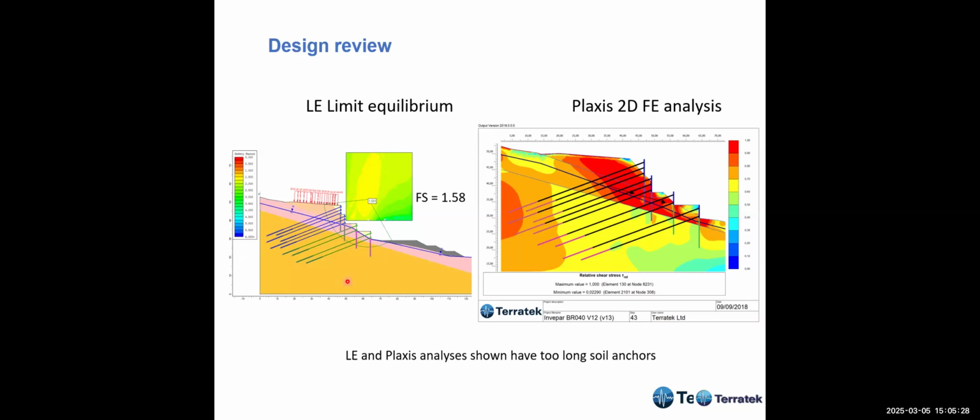So we were able to advise the clients not to go through with these too-long anchors, and they could be reduced in length. Okay, the analysis showed this very, very easily.